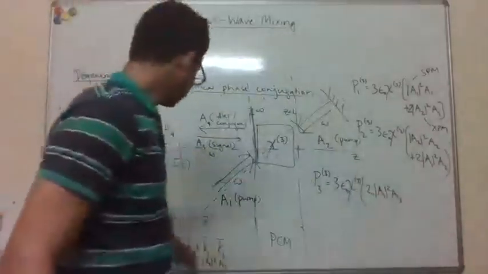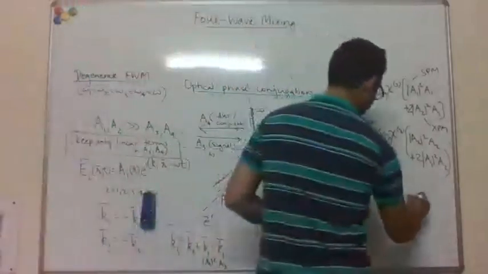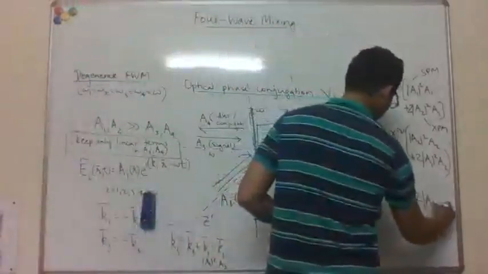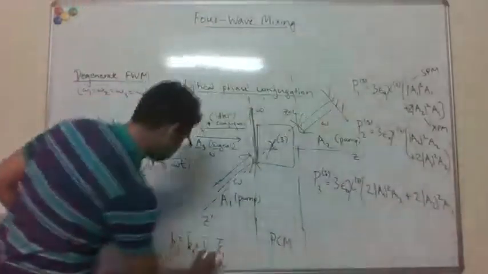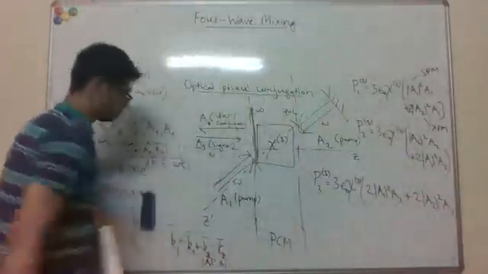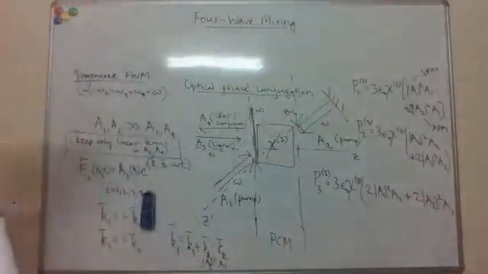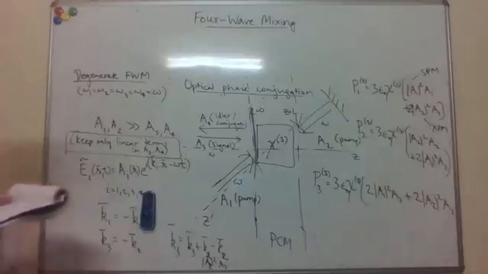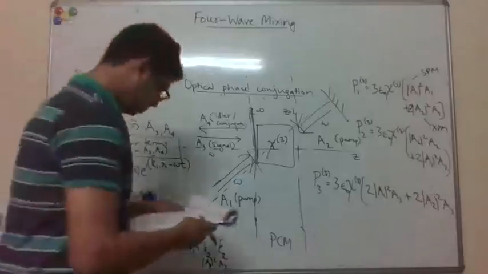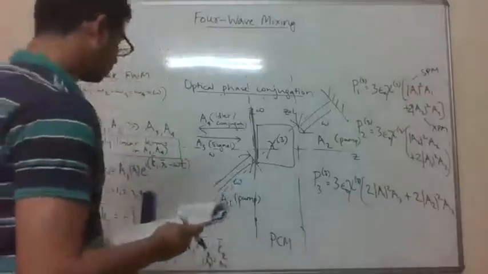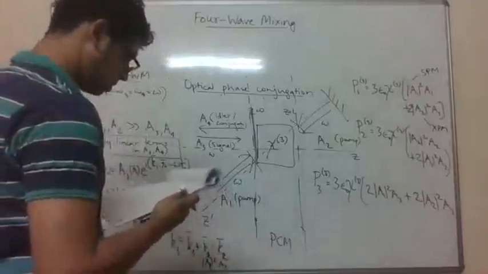Again, I put 2 here because there are 6 permutations for this. Similarly, I could have the cross phase modulation from 2 on 3. So this could be K2 minus K2. What other terms?